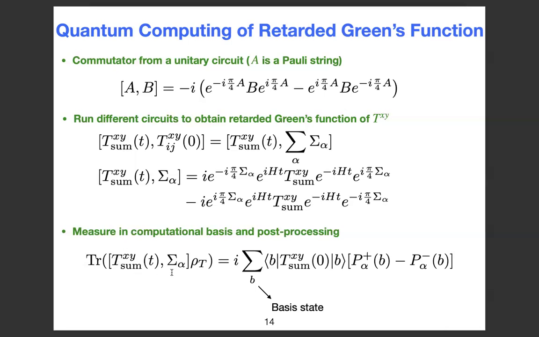Mathematically, that just corresponds to this expression. So after the pi/4 phase evolution and the real-time evolution, we measure in a basis where the Txy is diagonal, which in this case corresponds to the computational basis, and that makes it easier. After that, we just do post-processing and extract this expectation value of the commutator.